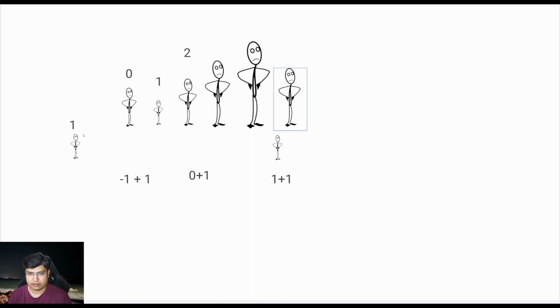Wherever we saw the last small person, the last small person was seen at index 2. So what we do is we just add 1 to that index. We do 2 plus 1 and we swap the pivot with that guy.